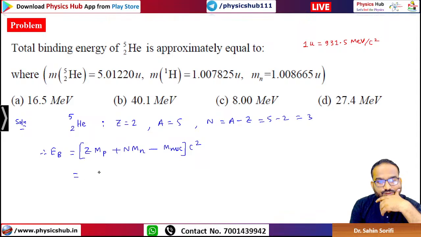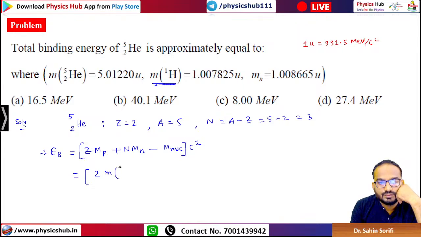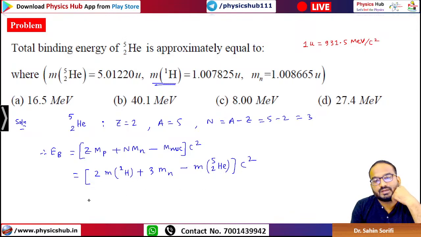Z is 2 here, so 2 times the mass of a proton, meaning 2 times the mass of 1H, plus N, meaning 3 times the mass of a neutron, minus the mass of the nucleus, meaning the mass of 2He5, times c square.